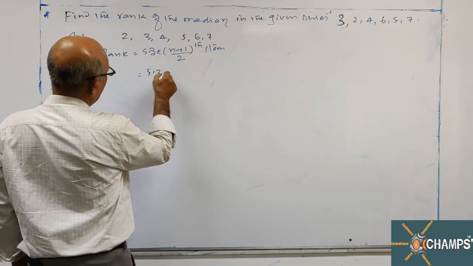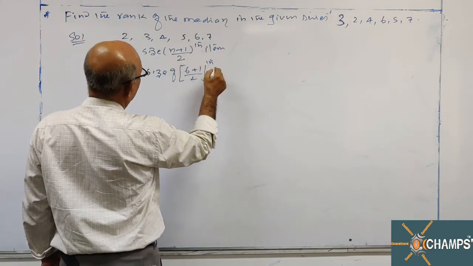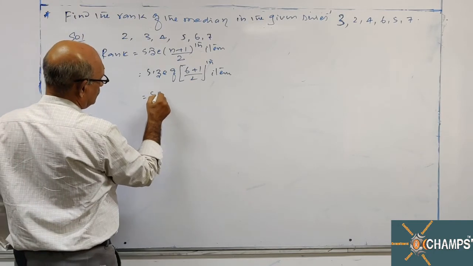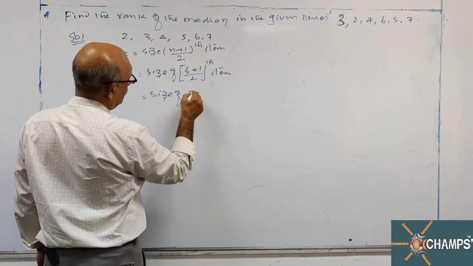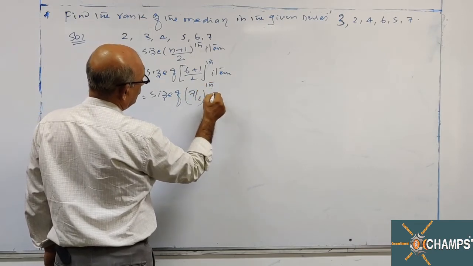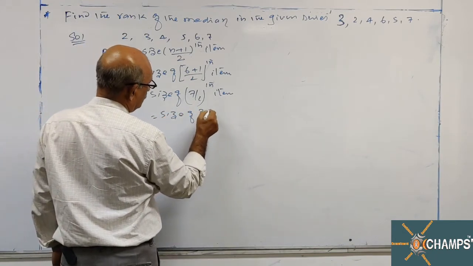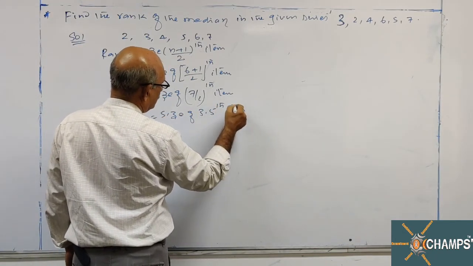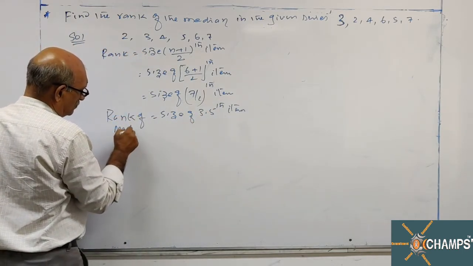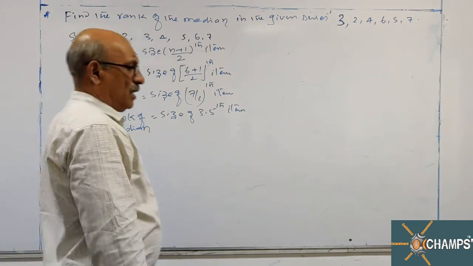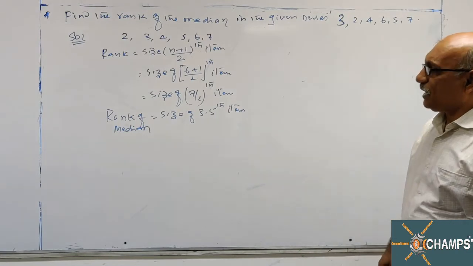So this is equal to size of (6 plus 1) by 2th item. Rank of median is equal to size of 3.5th item.